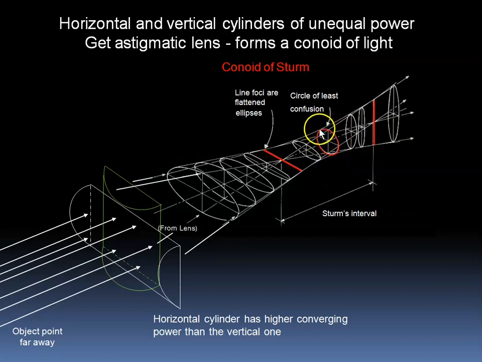It is best that the retina would intersect this circle of least confusion than it would be to have it intersect this conoid of light at any other point. The circle of least confusion is typically in between the two lines. It's somewhere in Sturm's interval.